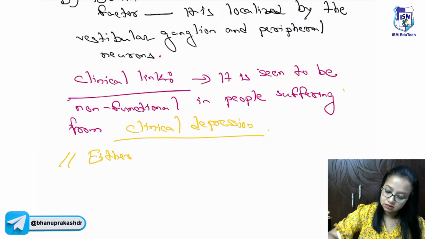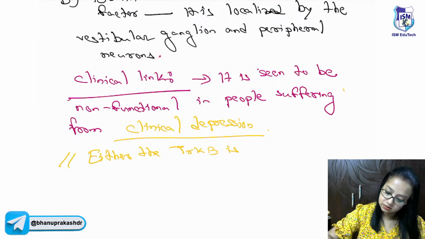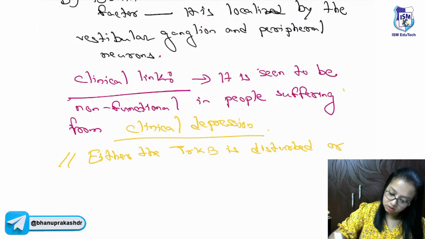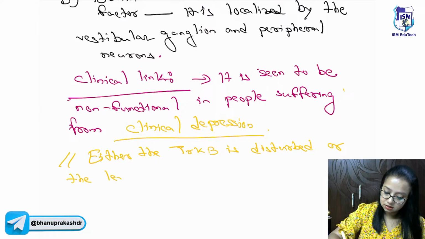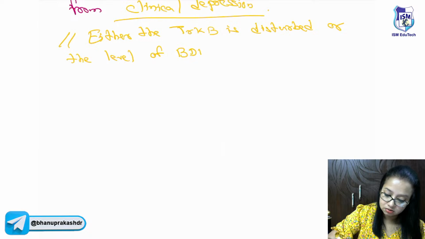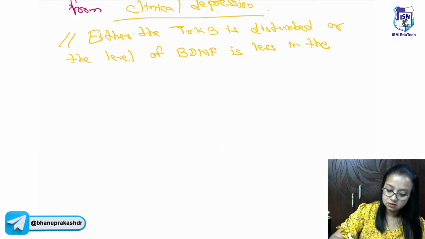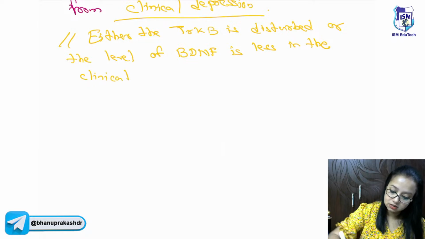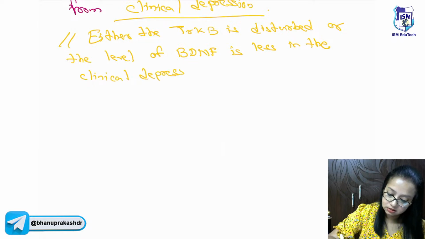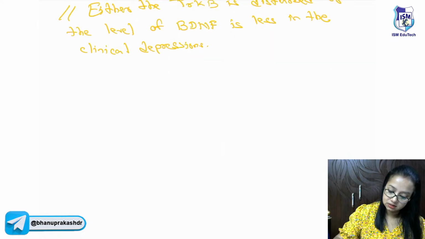Either the tyrosine kinase B activity is disturbed or the level, that means the quantity of this growth factor, is less in clinical depression. Okay, so these are the conditions.